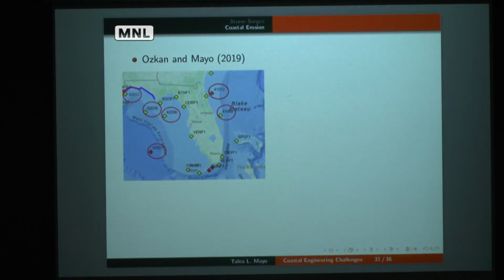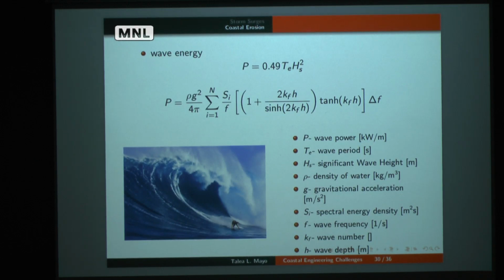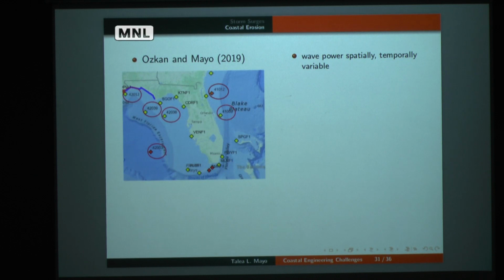This paper is in Renewable Energy, where we were trying to assess the wave energy at various locations in Florida, and specifically check the difference in those equations. Everyone's always using this equation, and is that okay?